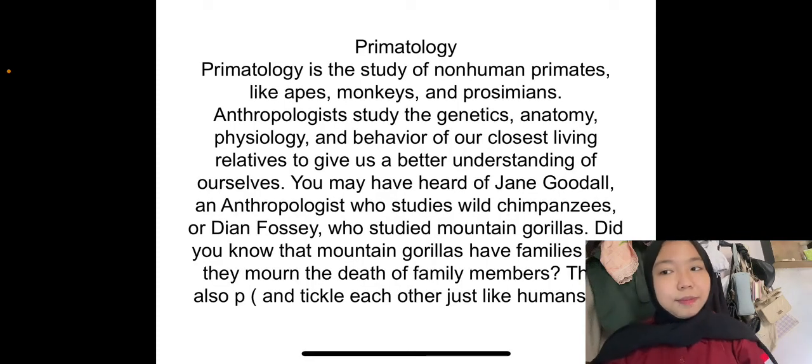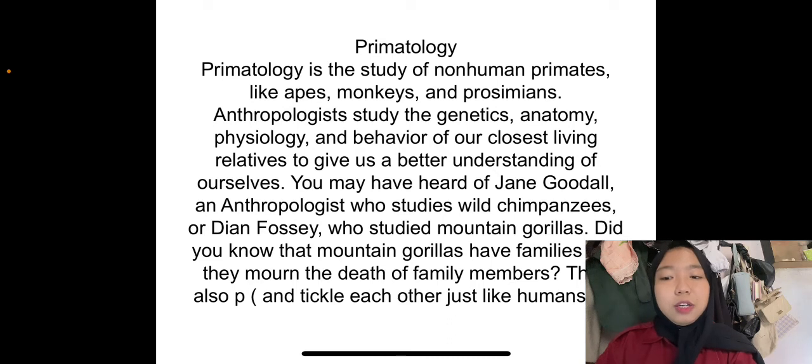Okay, the last. Primatology. Primatology is the study of non-human primates like apes, monkeys, and prosimians. Anthropologists study the genetics, anatomy, psychology, and behavior of our closest living relatives to give us a better understanding of ourselves.